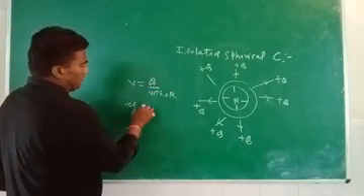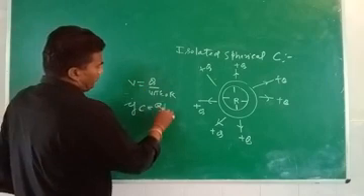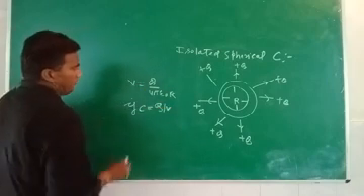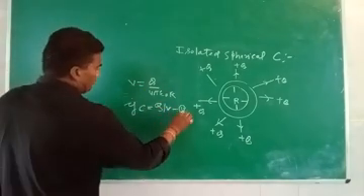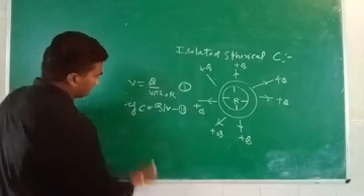If the capacitor C is equal to Q by V, we put the value of V in equation 2 from equation first.